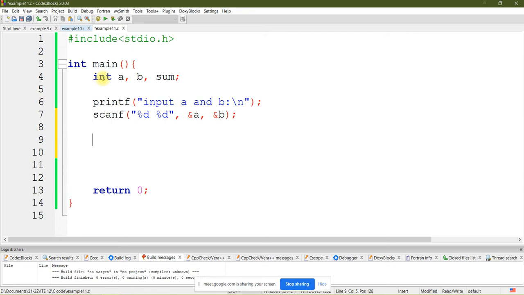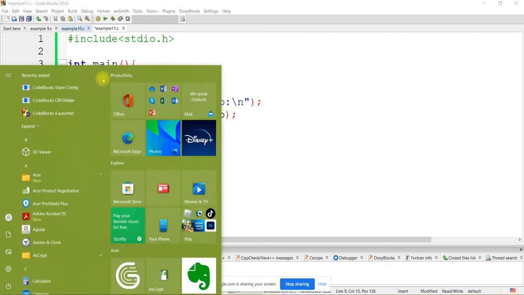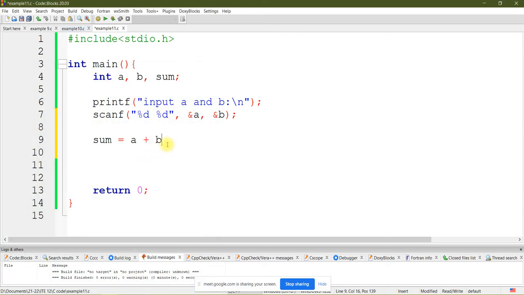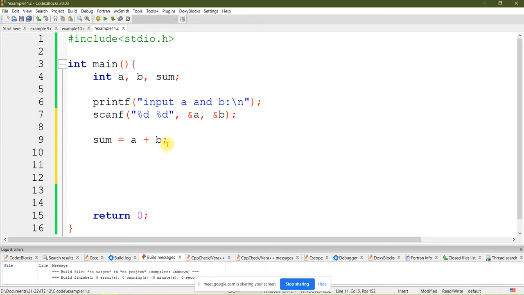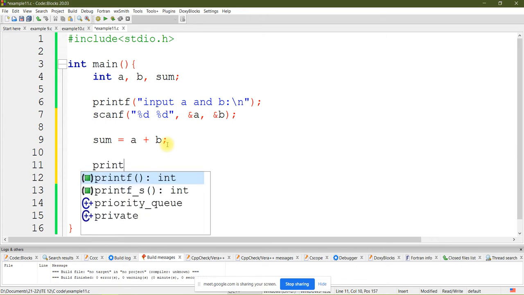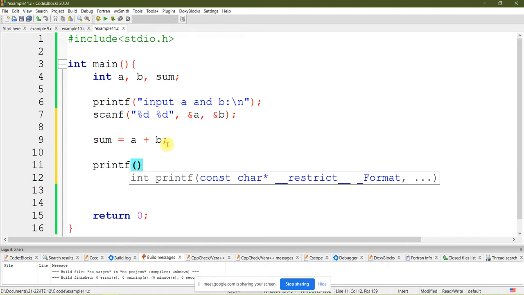Now let us perform the arithmetic operation, that is the sum, the addition. So A plus B, this is very easy. And then a first printf just to see if the answer comes out. It is very simple, and the answer comes out right away.